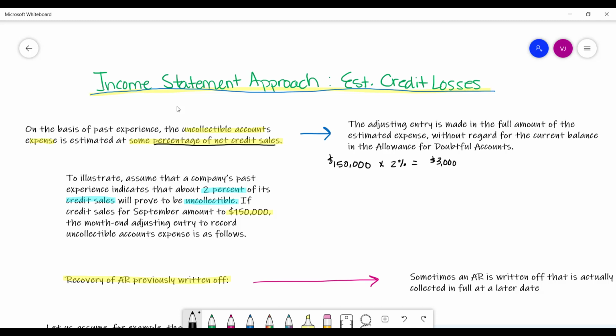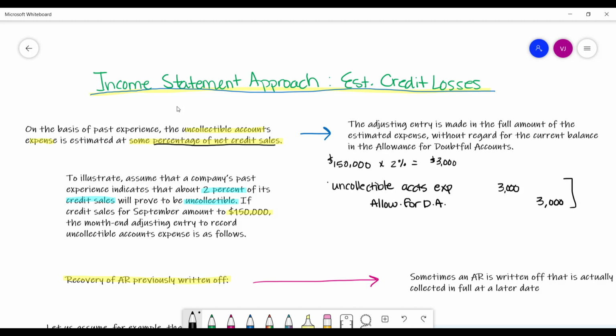Well, we will simply debit the account uncollectible accounts expense for that full amount of $3,000, and we will credit the allowance for doubtful accounts account for $3,000.